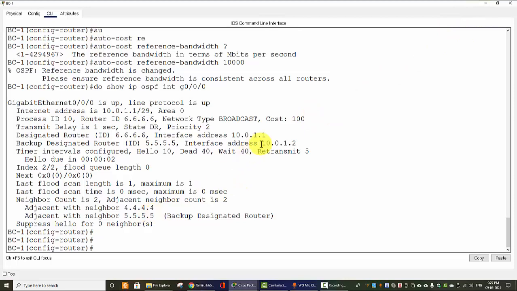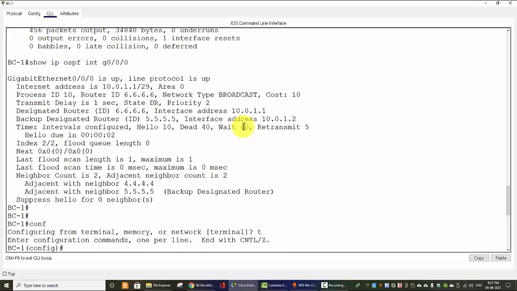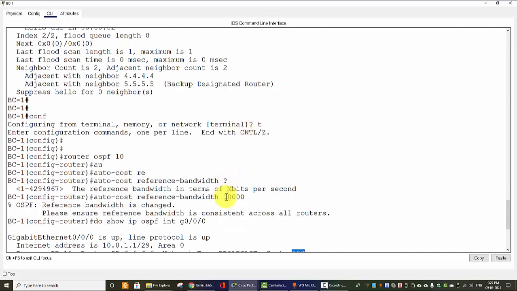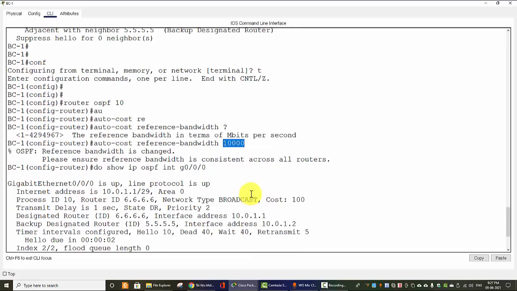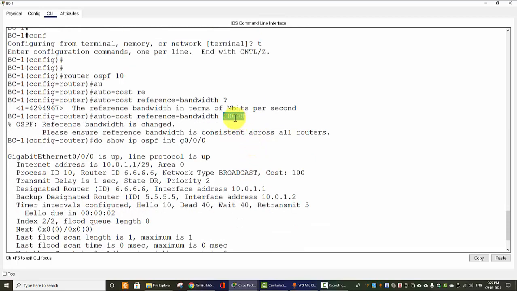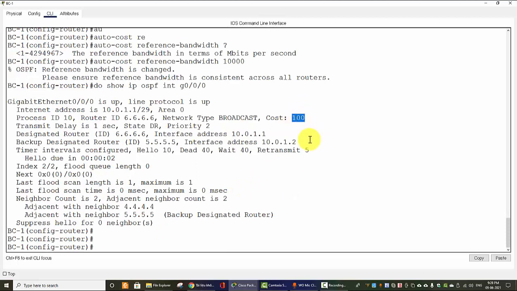Why 100? The reference bandwidth changed to 10,000 divided by 1,000 megabits, so we should get 10. So why is it 100 here?